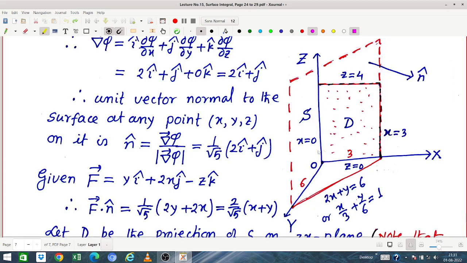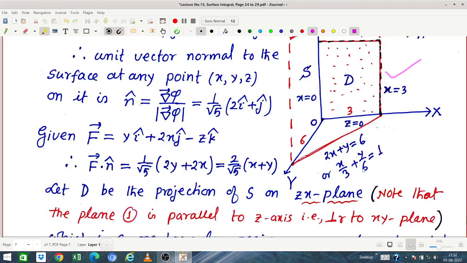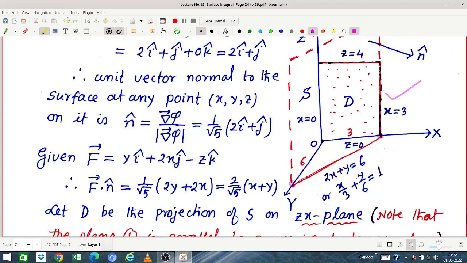This is D, with z from 0 to 4 and x from 0 to 3, obviously. Because this is 2x + y = 6, in intercept form it is x by 3 plus y by 6. That's why here it is 6, here it is 3. So x goes from 0 to 3 and z from 0 to 4.